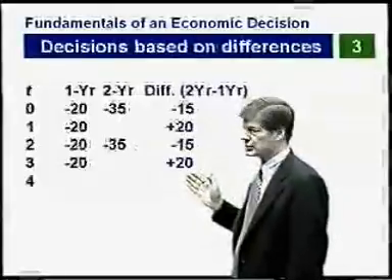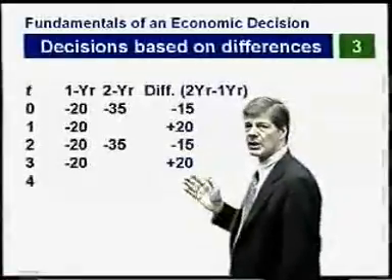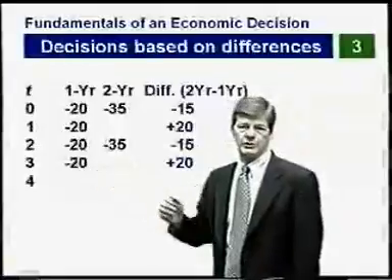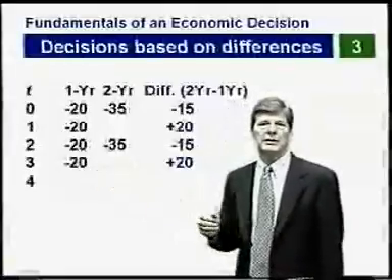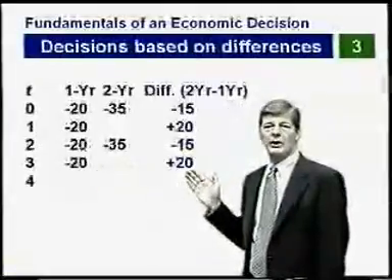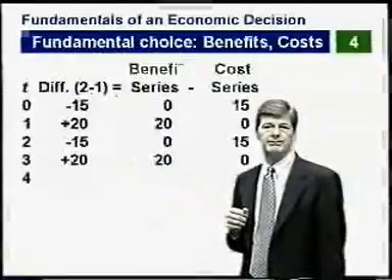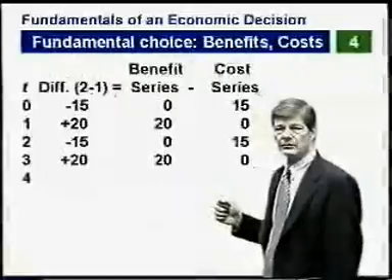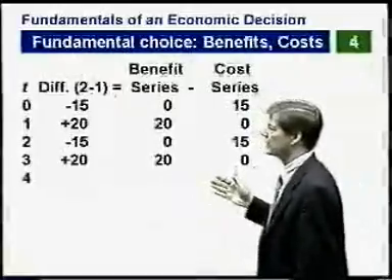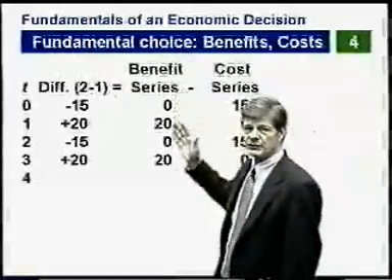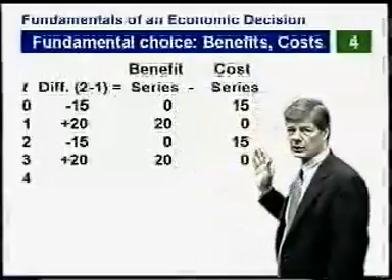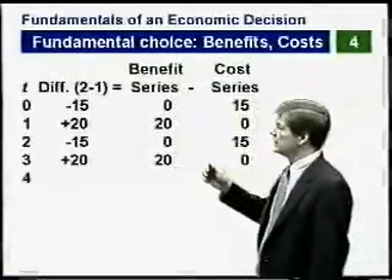If I reject this cash flow stream, then I prefer to have the one-year subscription. How do I decide whether I should accept or reject this cash flow stream? To do that, we need to identify what are called the benefit cash flows and the cost cash flows.